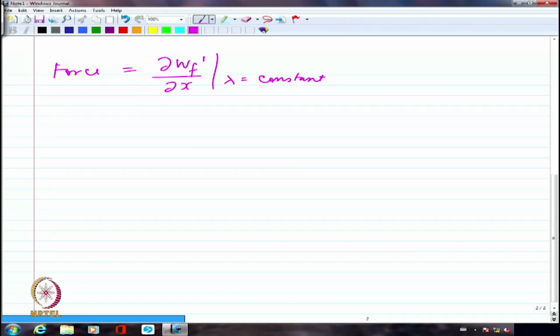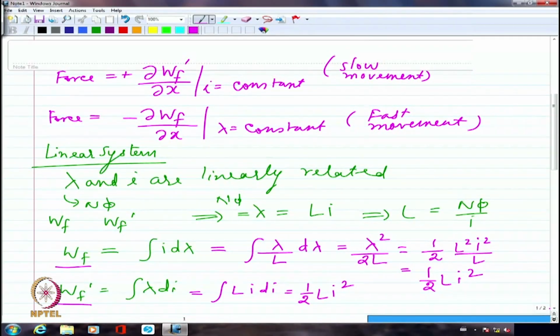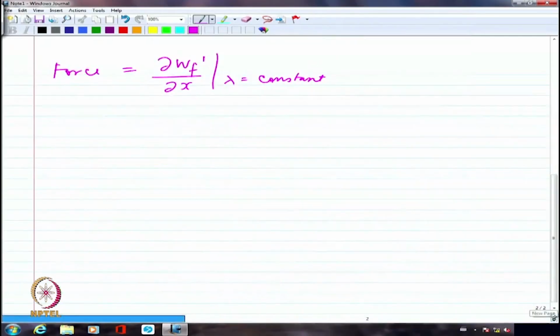I equal to constant. Let me look at it again and again. We are looking at dou Wf dash, so I is constant. This is slow motion. Fine. So I is constant. So we can say this is essentially half Li square, whether I'm looking at Wf dash or Wf, it doesn't matter.